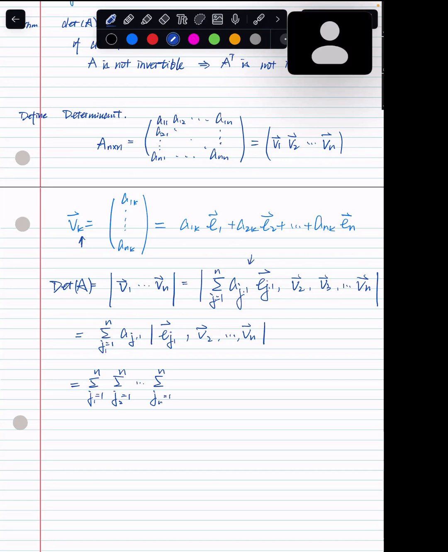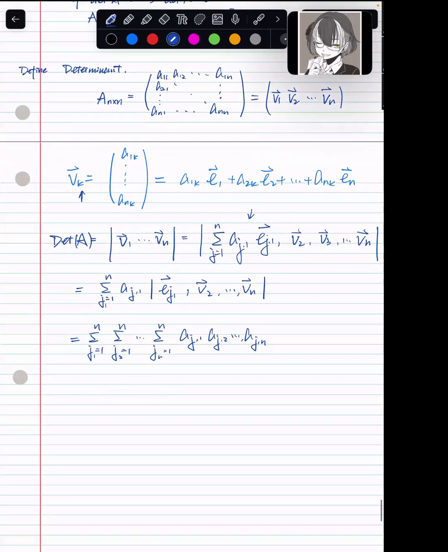Okay, so that's the sums. And then we think about the factors. The first one is A j1, comma 1. And then the second one would be A j2, comma 2, all the way to A jn, comma n.